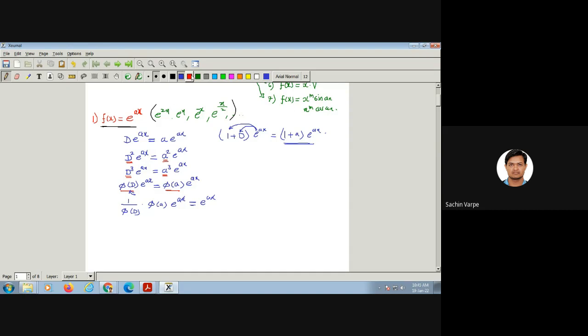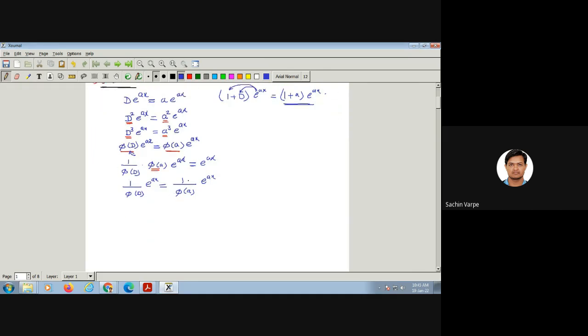And if I take this phi of a onto the right hand side, what will I get? I'll get 1 upon phi of d e raised to ax will be equal to 1 upon phi of a e to the power ax. Yes or no? Is this step clear? Provided that phi of a must be non-zero.